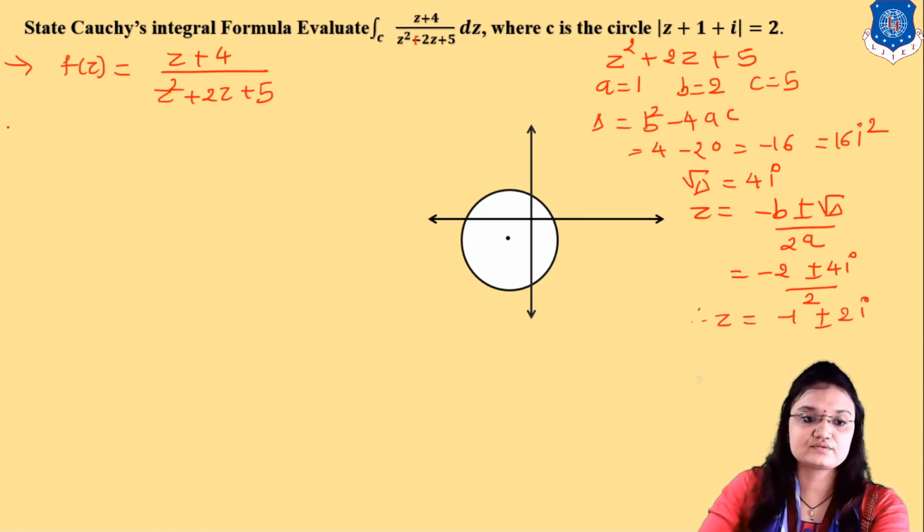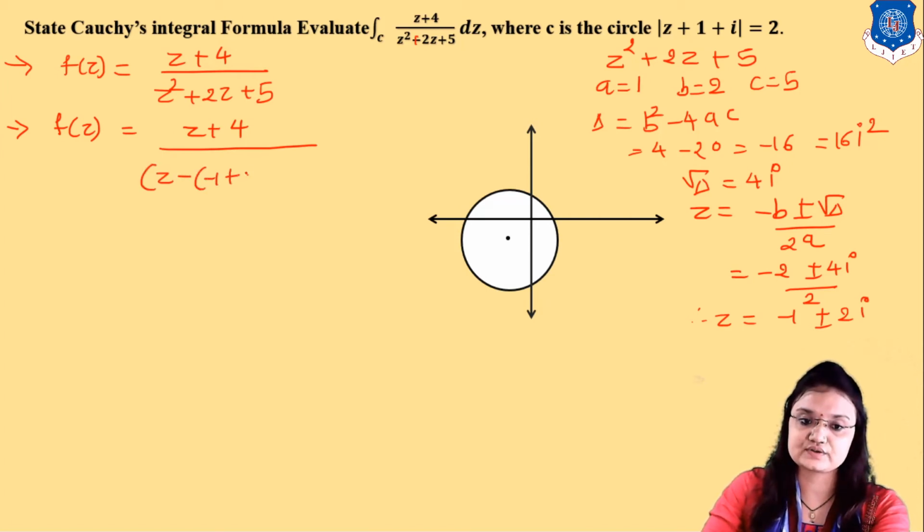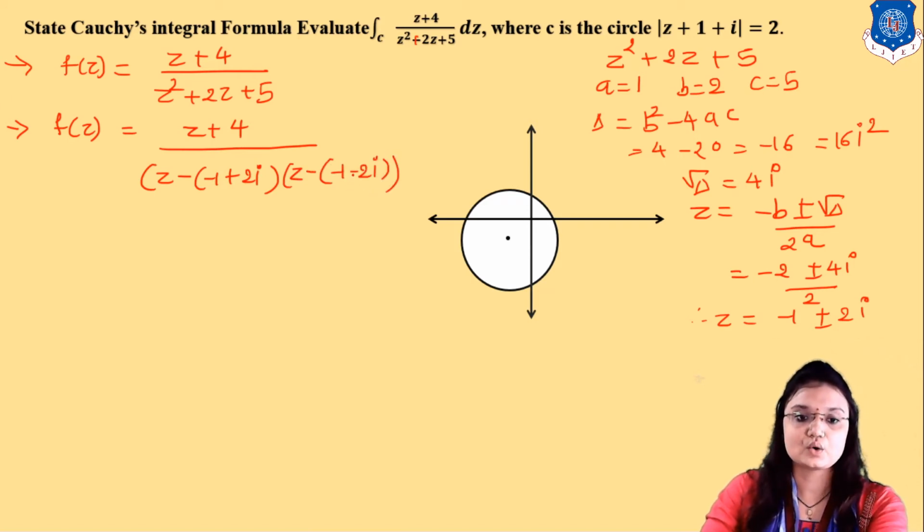Okay, so now we can write this function like this: f(z) = (z + 4) upon (z − (−1 + 2i))(z − (−1 − 2i)).